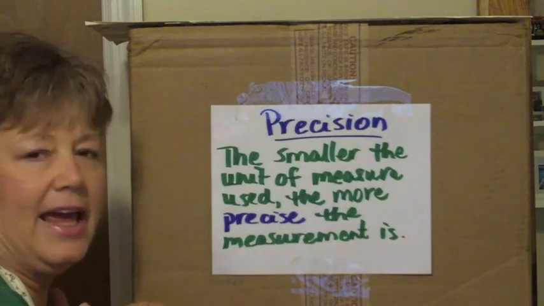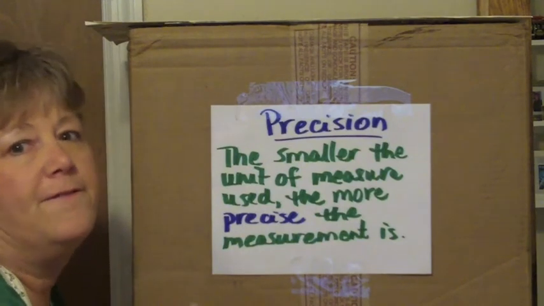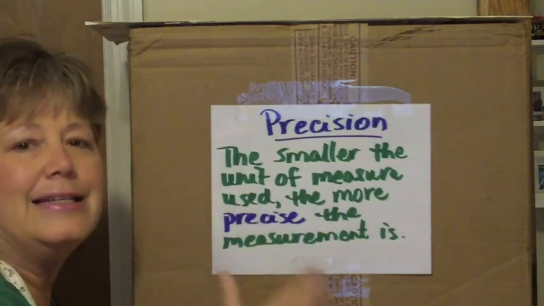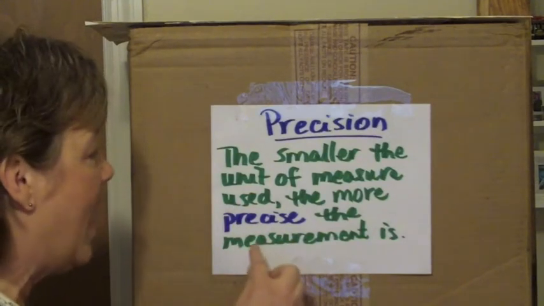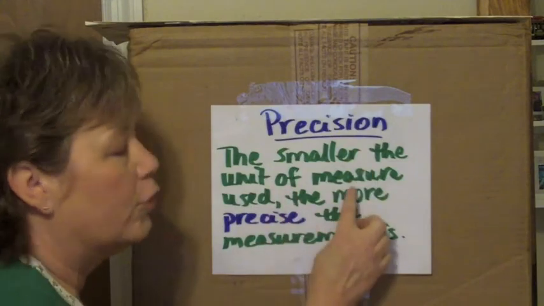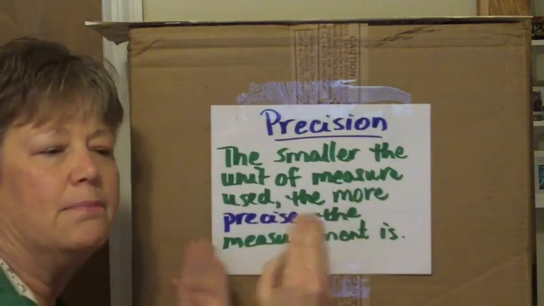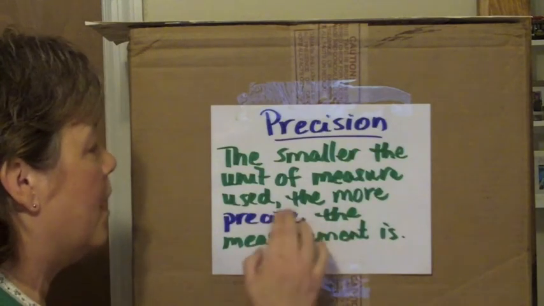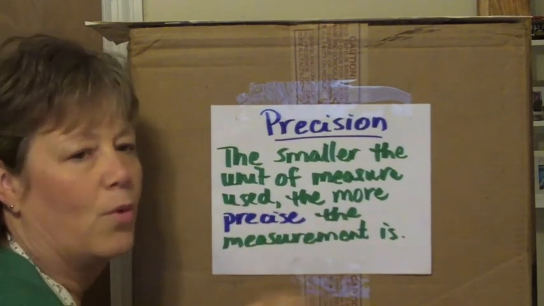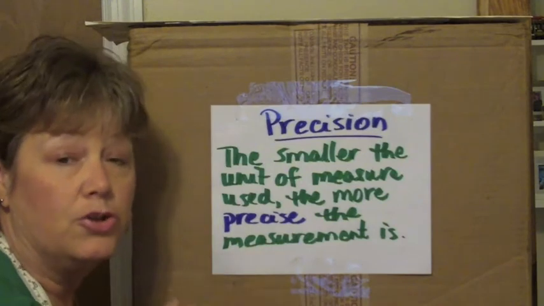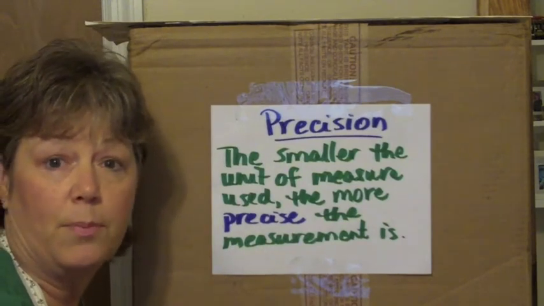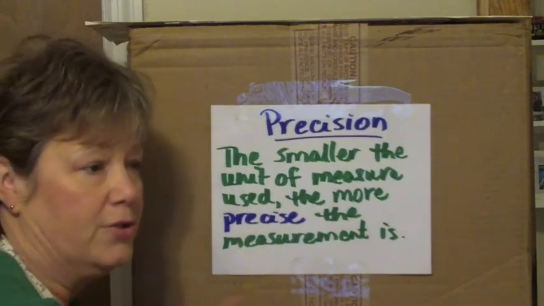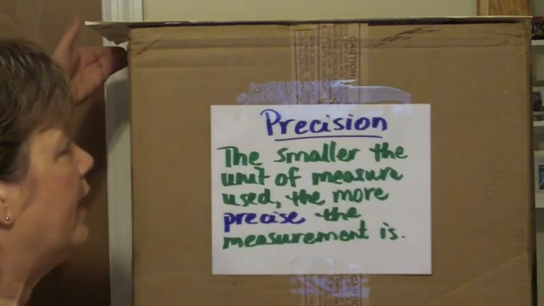But if I say it's 1 foot and 8 inches, that is the smaller unit of measure. I'm getting it more precise, and that becomes the more precise or more exact measurement. So you're going to be asked which is going to be the more precise. And so when it's the smaller unit of measurement, it's the more precise.